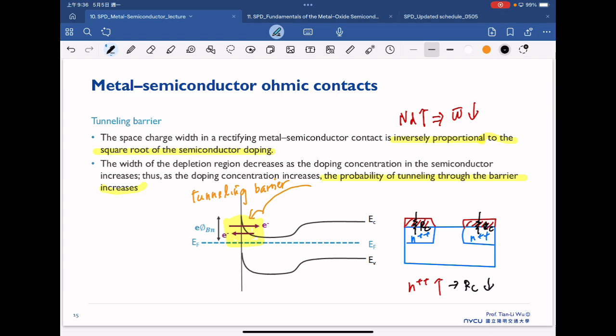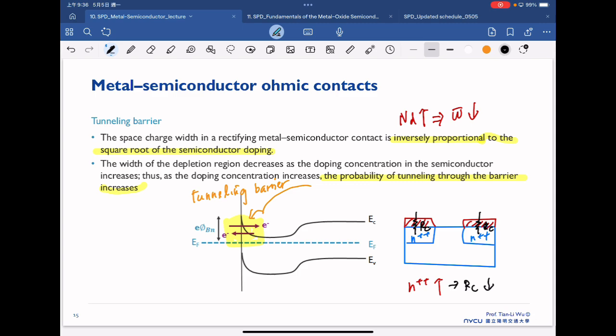This is exactly why we mention the tunneling barrier here, because in the end the purpose is that we hope to form the tunneling barrier between the metal and the semiconductor. Once we have the tunneling barrier, we can further reduce the contact resistance.